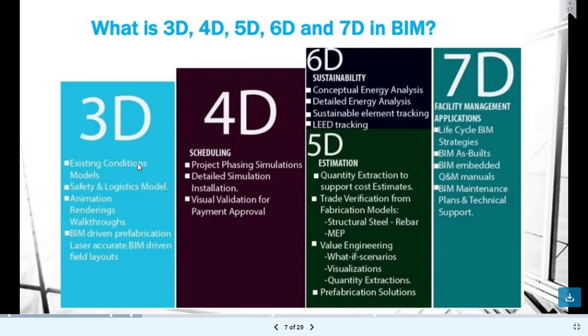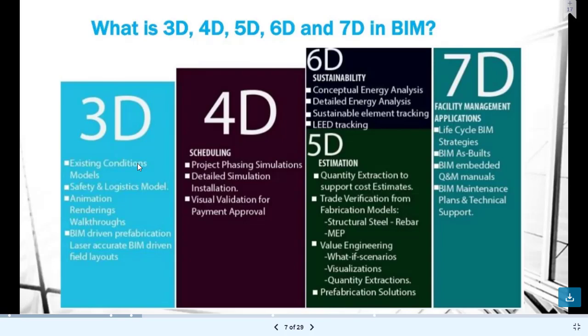Next, trade verification from fabrication models, how much steel and how much concrete and cement we have to estimate, along with materials, time and finance. In value engineering we see these scenarios also, and visualizations, quantity extractions, feedback, prefabrication solutions. In estimation we have to do all this.